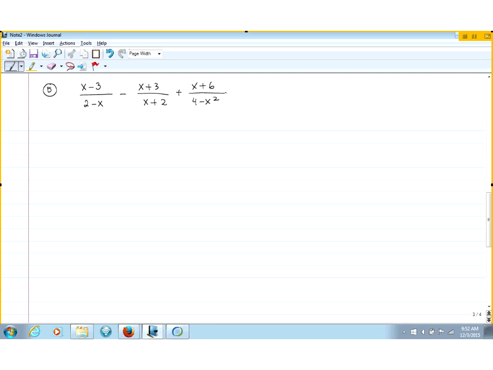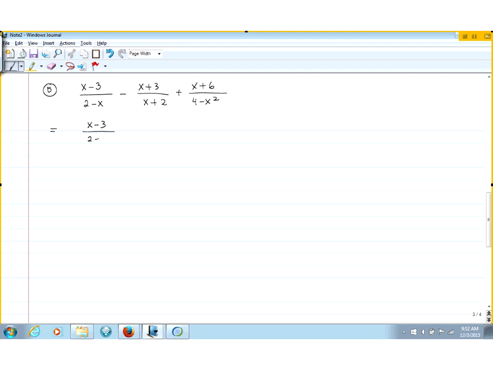You see, this is a little harder. What would you do here? Factor the denominators first, and then we find the LCD.